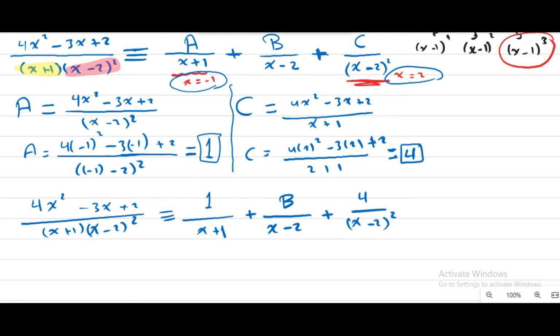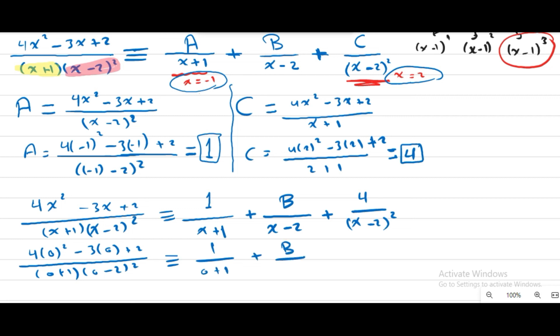So this expression will be 4 multiply 0 power 2 minus 3 multiply 0 plus 2 over 0 plus 1 multiply 0 minus 2 power 2 equivalent to 1 over 0 plus 1 plus B over 0 minus 2 plus 4 over 0 minus 2 all to the power of 2.